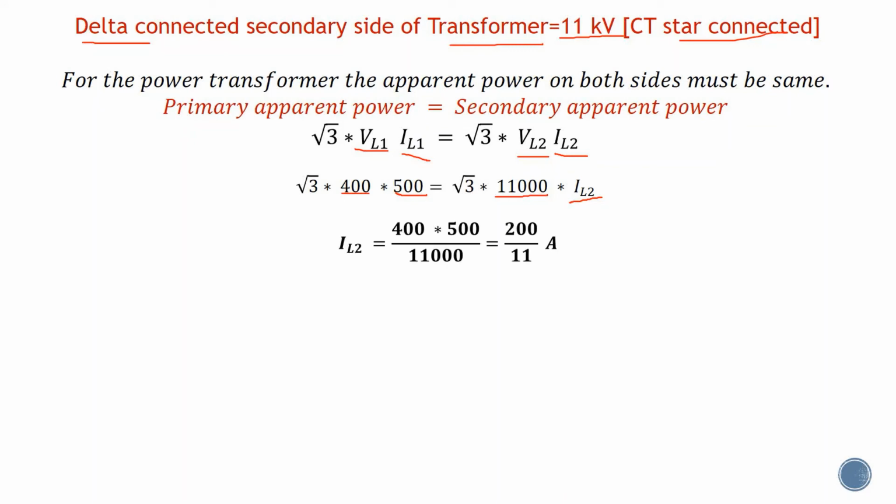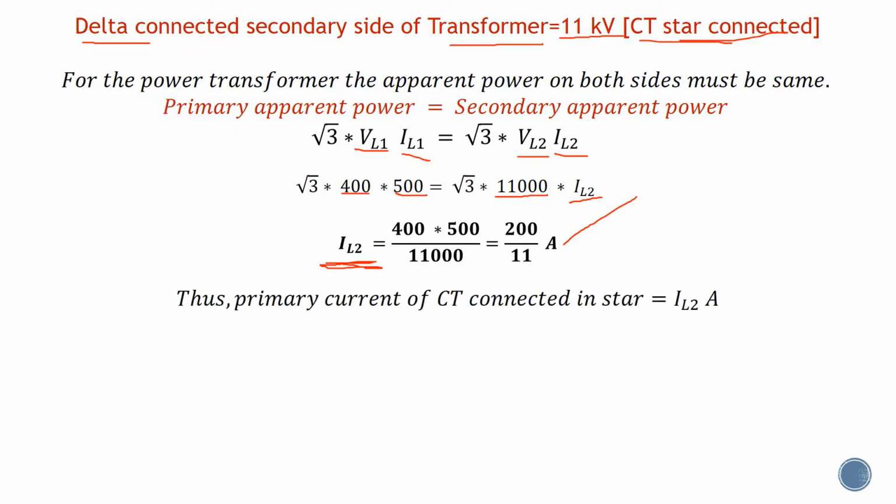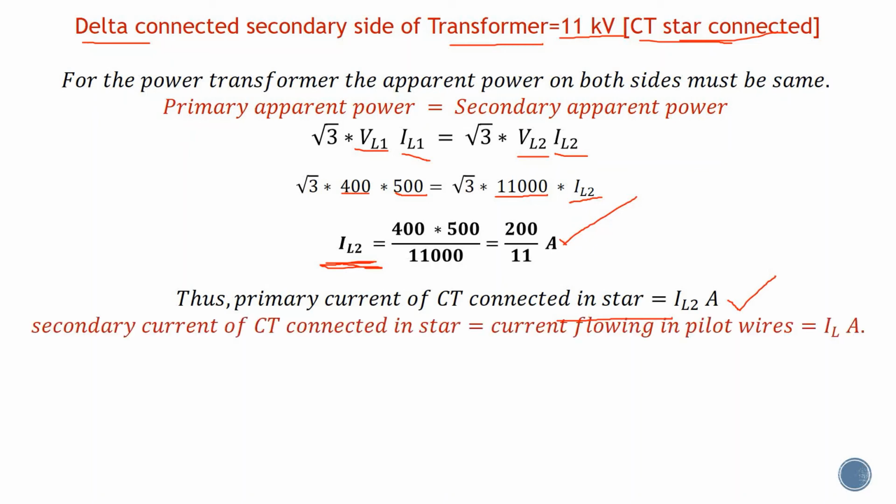And as already told you, the CTs are connected in series with the line. Therefore, this line current will actually be flowing in your CT primary. Here the CTs are connected in star. Therefore, the primary current of CT connected in star will actually be this current, and as already calculated in the previous slide, since the CTs are connected in star here, therefore the secondary current will actually be flowing in your pilot wires.